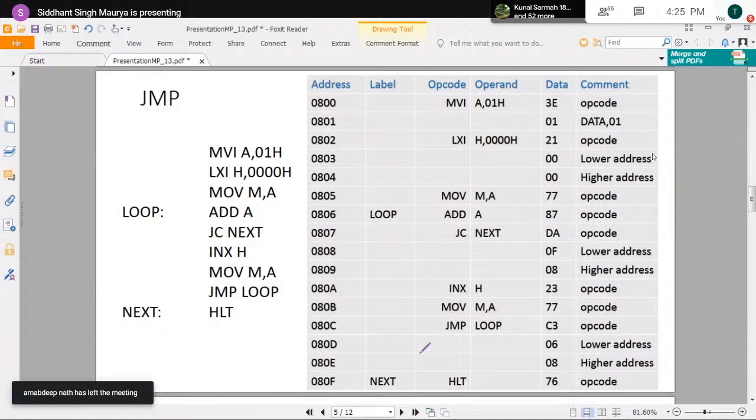Consider an example. I am writing this in a specified fashion. This is how you have to write the program, because all the program is stored in some kind of memory address.